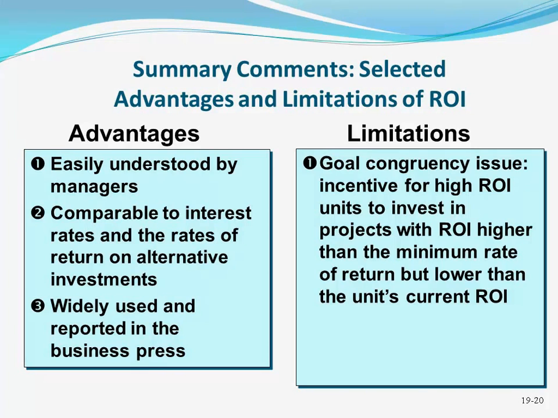Now let's assume that your investment unit with the average ROI of 16% is considering an additional project, whether to undertake or not undertake it, and the ROI for the additional project is 14%.